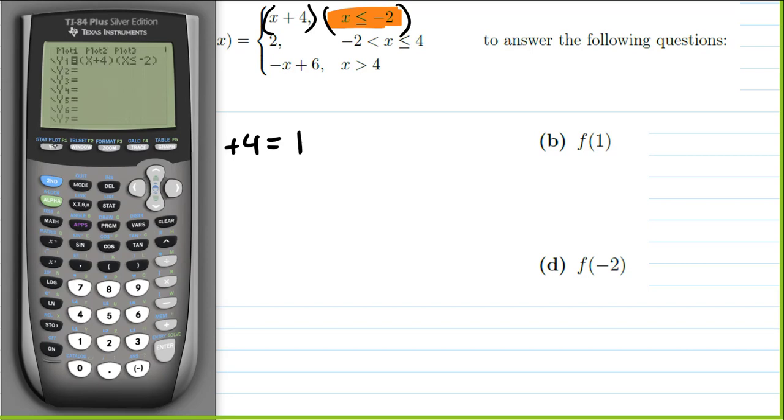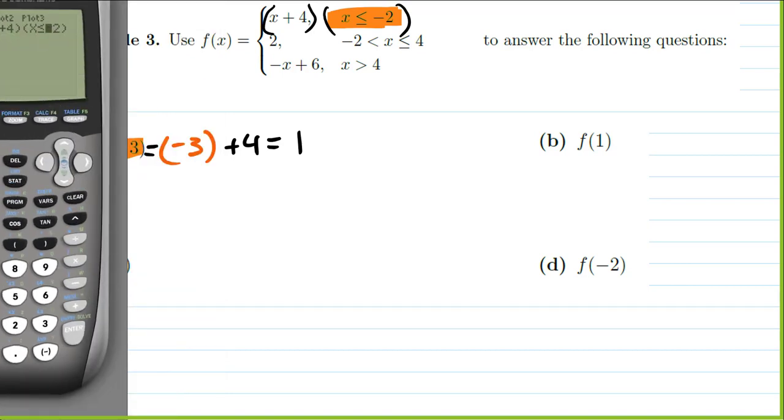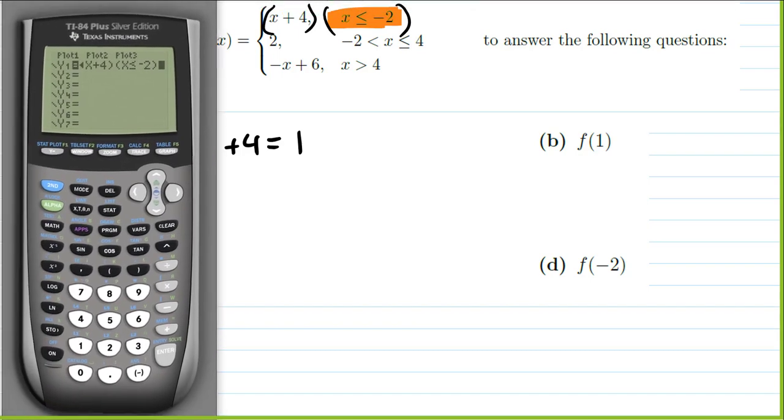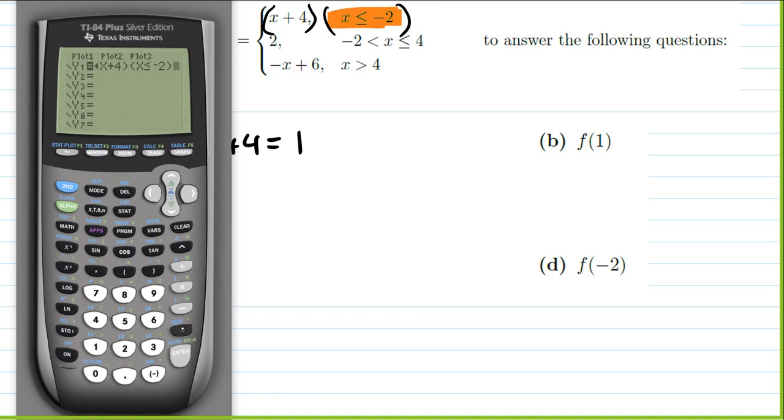So to continue doing this, we go on that same line, and we go all the way to the end. And we're going to separate each of the parts with a plus function. So we go plus, and then we're going to do the same thing, parenthesis 2, and then another parenthesis for our domain.